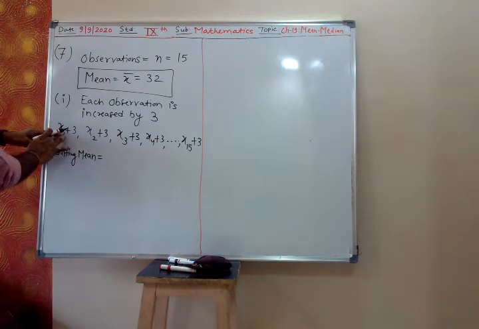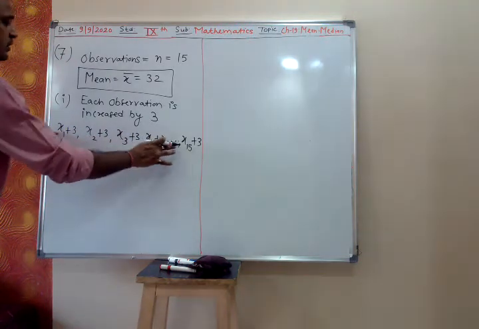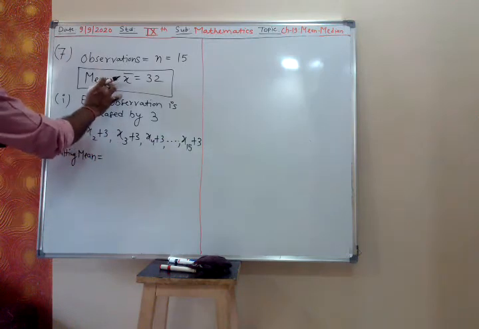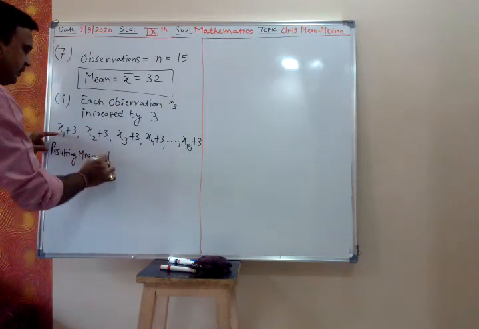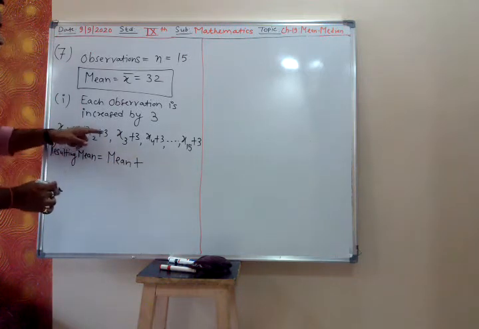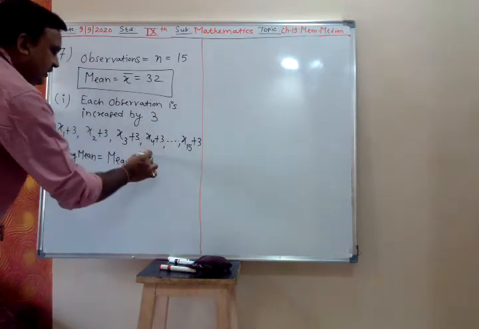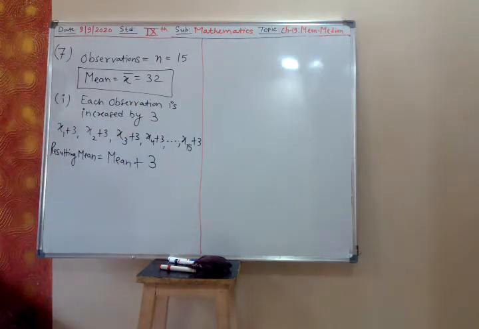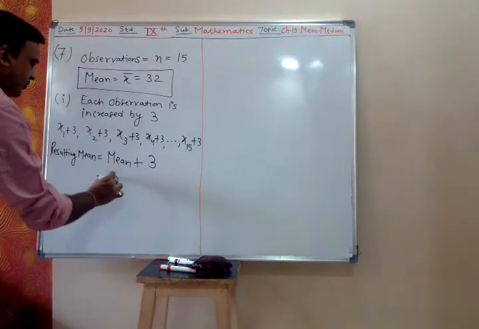So 15 values of x divided by 15 will be nothing but the mean. So that will be mean plus 3, 3, 3. I will take 3. So mean plus 3.